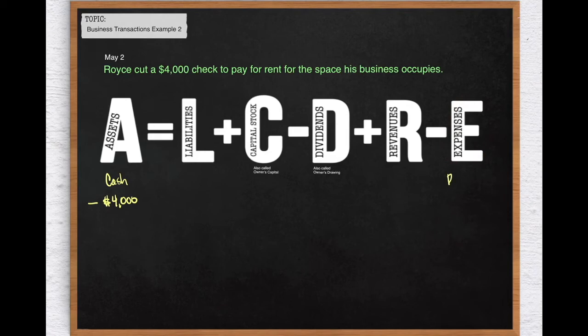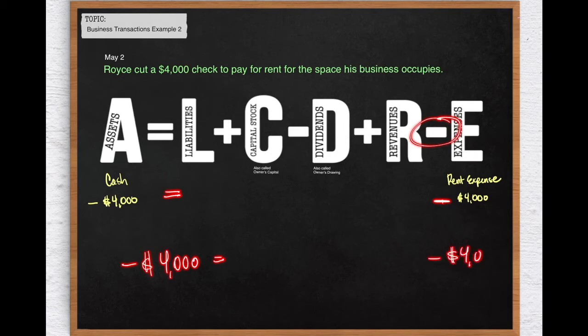And because that's a cost related to the normal operations of the business, the account that's affected is called rent expense, of $4,000. Because that's a minus, you put a negative in front of that $4,000. So here our accounting equation balances: minus 4,000 on the left side and minus 4,000 on the right side.